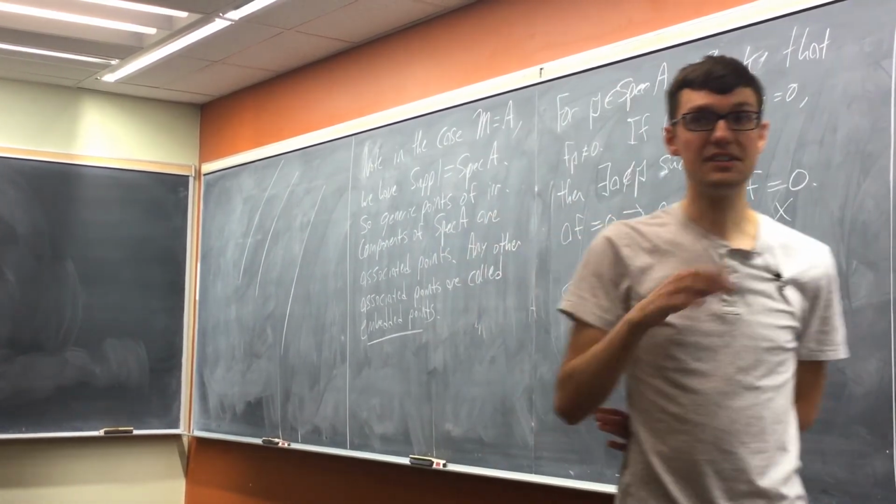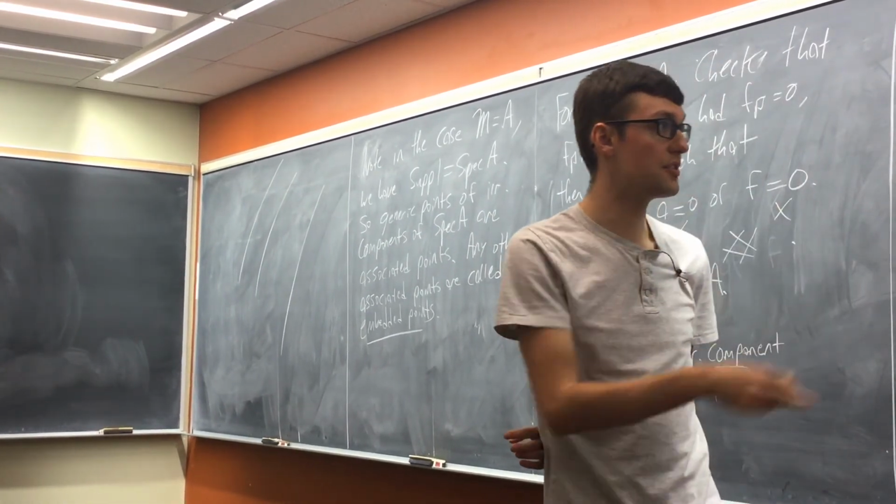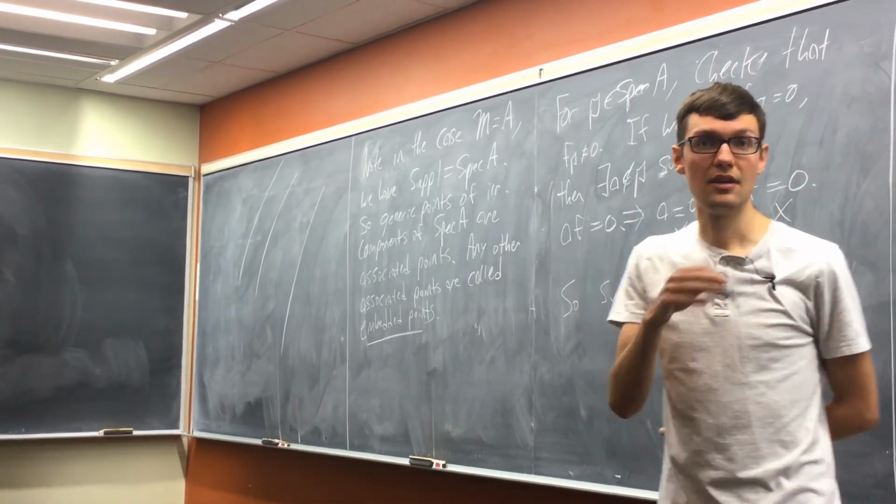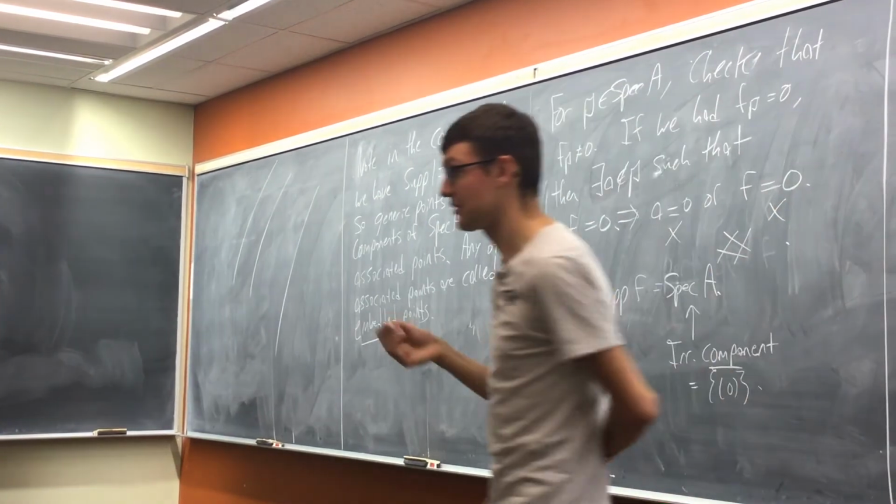And it turns out the only time we're going to have these to deal with is in this non-reduced case. If we have a reduced scheme, you're never going to get any of these embedded points. So that's the next proposition.